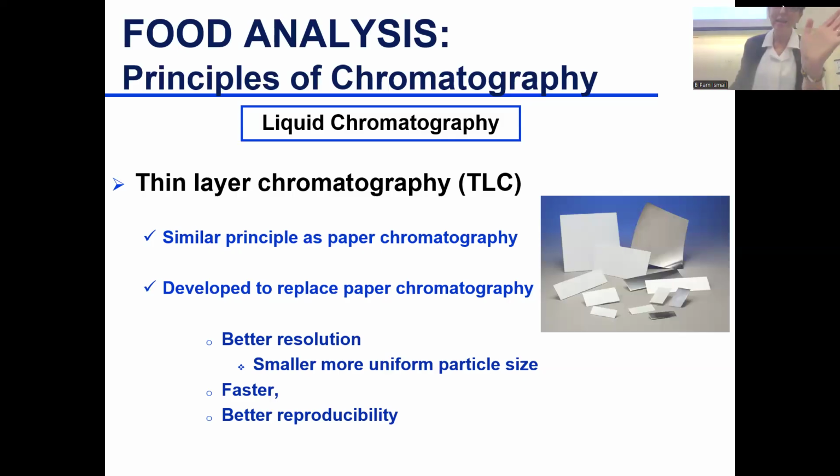All right, so thin layer chromatography has a similar principle to paper chromatography, yet it is much better. Why is it better? First of all, have you seen thin layer chromatography before? Yeah? No? Okay, I should have gotten a sample. So in the olden days, my day, we used to have a square of glass.